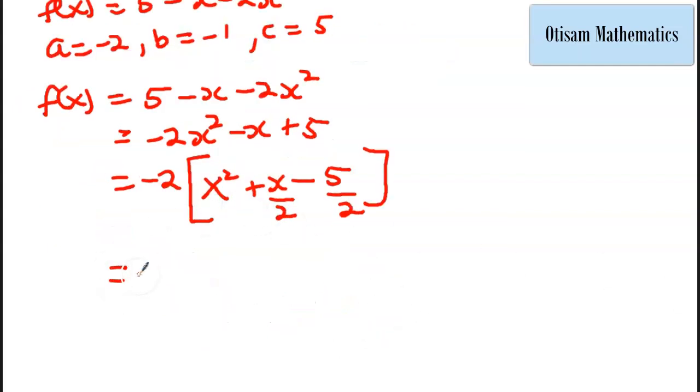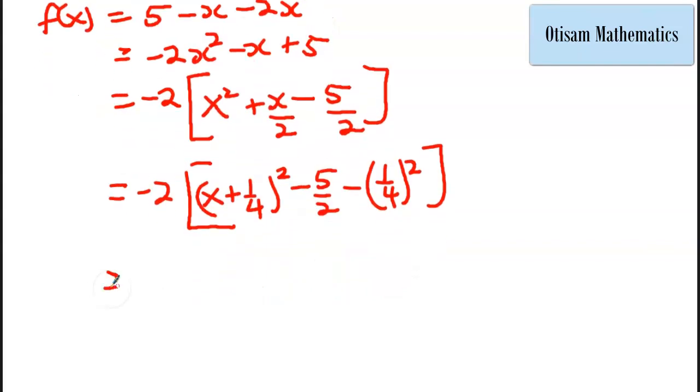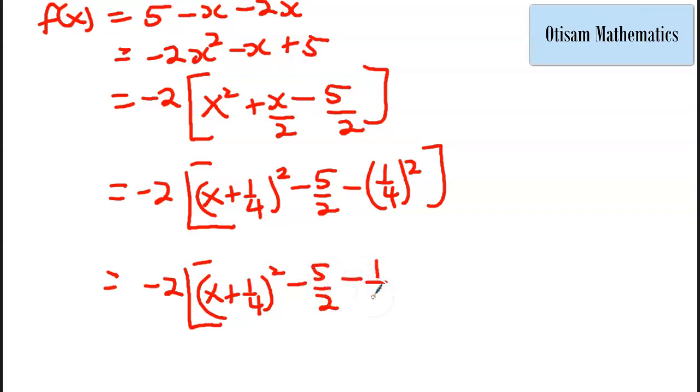So minus 2. So when you find half of this, you are going to get 1 over 4. So you add your variable to it, 1 over 4 all squared, minus 5 on 2 minus 1 over 4 squared. So you have minus 2 x plus 1 on 4 all squared minus 5 on 2 minus 1 on 16.